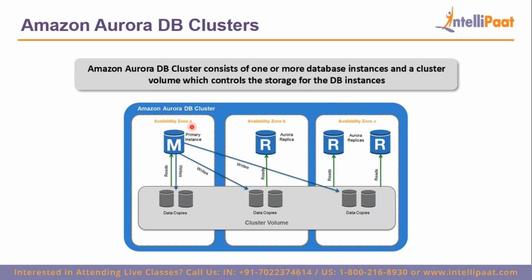So now whenever you create one DB cluster, one database cluster, it will have one primary instance and one read instance under the same availability zone, and also 6 data nodes in 3 different availability zones. While I'm creating a database cluster, I'll explain where this primary instance is available and where the replicas are, because I'll show you how to create a replica also.